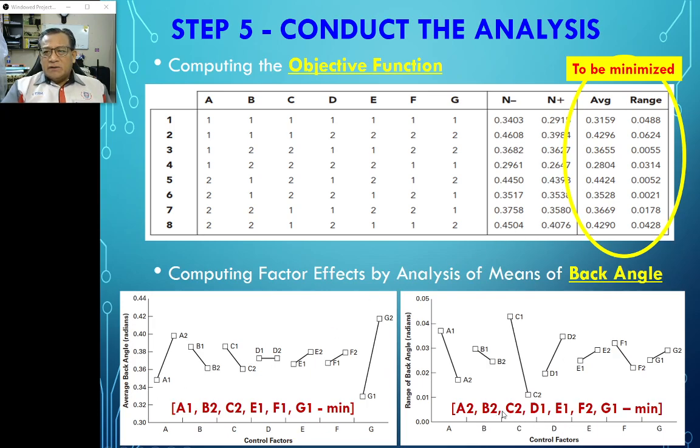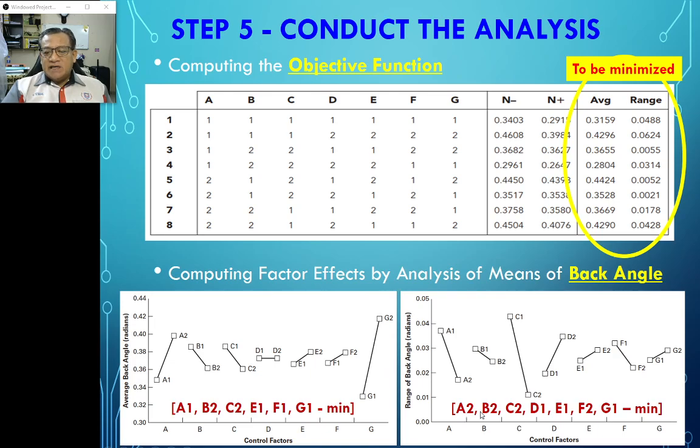So you take a look at the range of the minimum measured value of set point, which is A2, right? So B2, which is this combination, C2, D1, E1, F2, and G1. So as a result, since you want to achieve the minimum back angle movement, you have to make a decision.